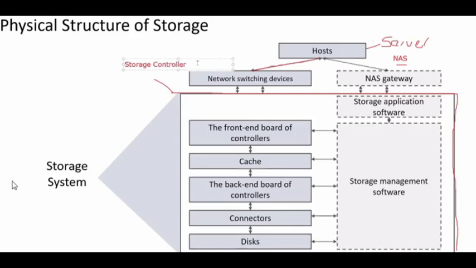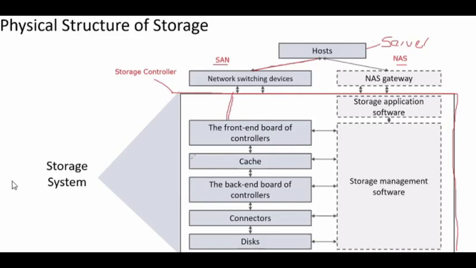So generally, this whole course is about the storage controller itself. Okay, so the storage controller for SAN environments, you will have a front end controller board. So this is the guy that connects to the network devices. So you'll have cables connecting to your network devices and stuff.